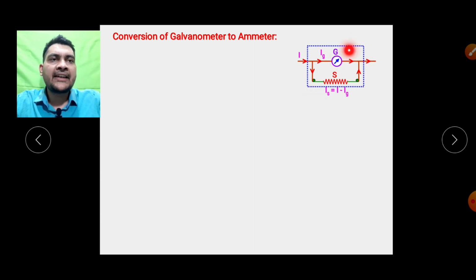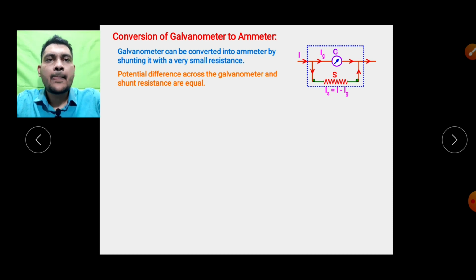So the potential drop across the resistance S is equal to the potential drop across the galvanometer. Galvanometer can be converted into an ammeter by shunting it with a very small resistance.